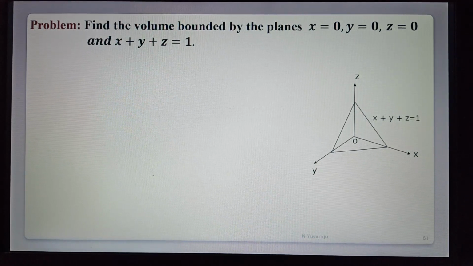So your given region is bounded by x equal to 0, y equal to 0, z equal to 0 and x plus y plus z equal to 1, a tetrahedron. Now we find the volume of the tetrahedron.